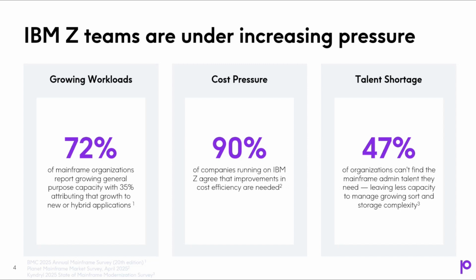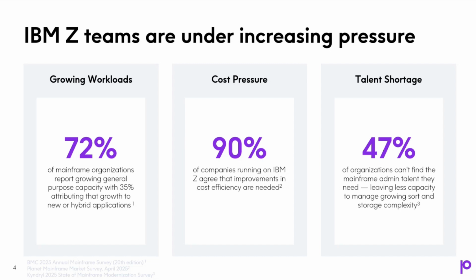Second is the cost pressure. Almost all companies, 90%, that's a big number, 90% of companies are under pressure to improve cost efficiency. And last but not the least, a big chunk, 47%, cannot find the talent that they need.